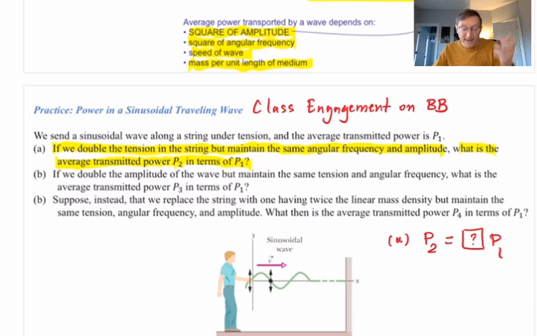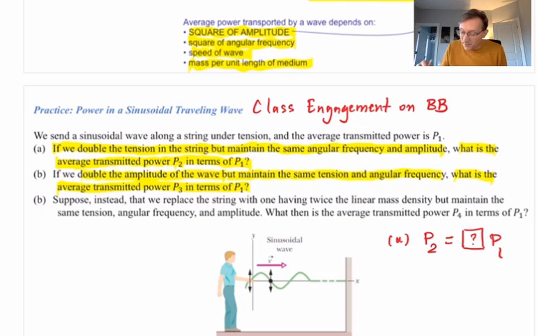That's experiment A. In experiment B, we double the amplitude of the wave. That's not hard. We just move our hand up and down twice as far. But we maintain the same tension and the same angular frequency. Now what's the average transmitted power? Let's call it P3 in terms of P1.